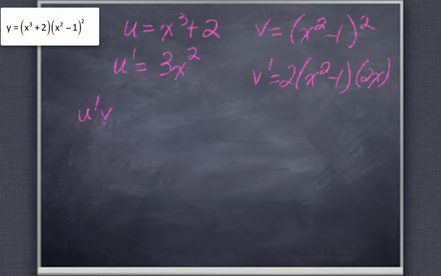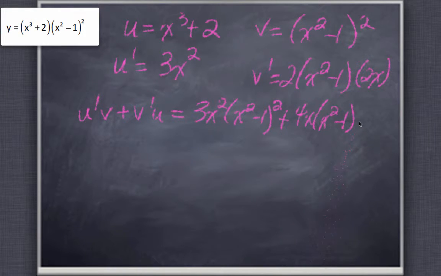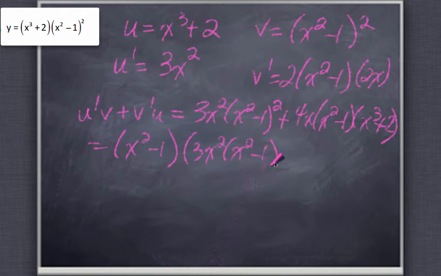So u prime v plus v prime u is 3x squared times x squared minus 1 squared plus 4x times x squared minus 1 times x cubed plus 2. That equals, I'm again going to factor out the lowest power of x squared minus 1. So here I'm left with 3x squared times x squared minus 1.